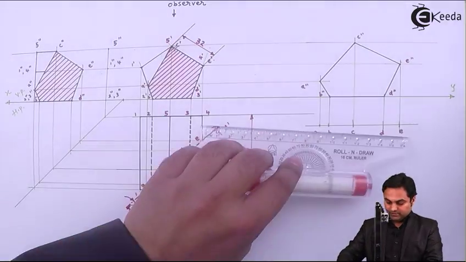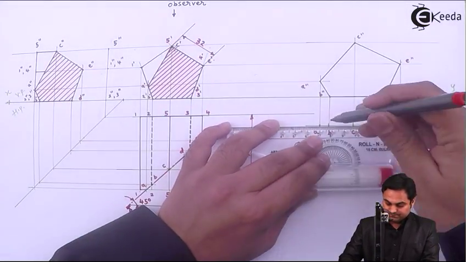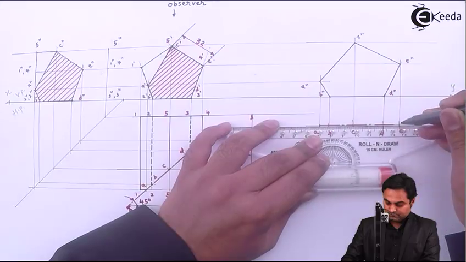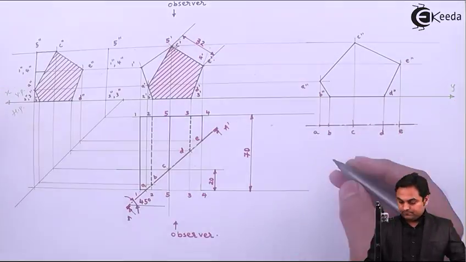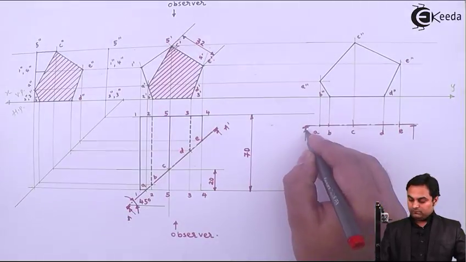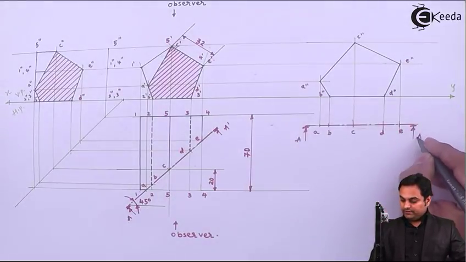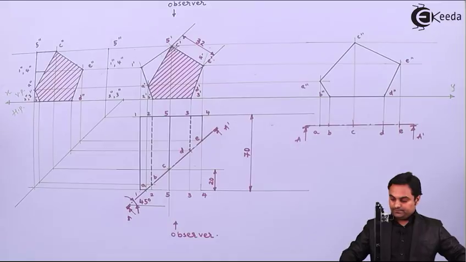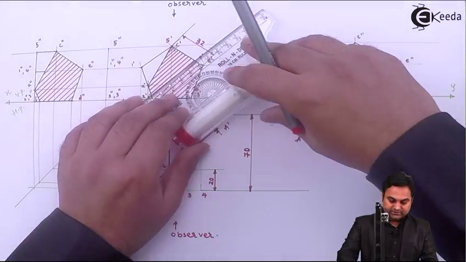Making the cutting plane dark. Cutting plane A dash, then drawing section lines over it.